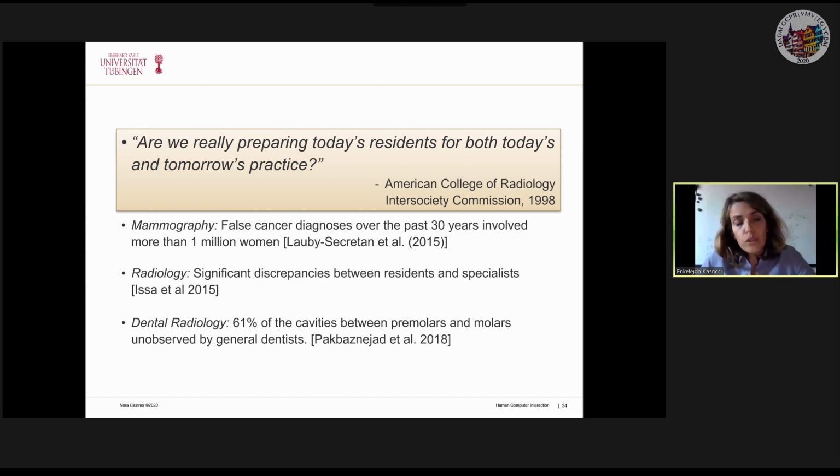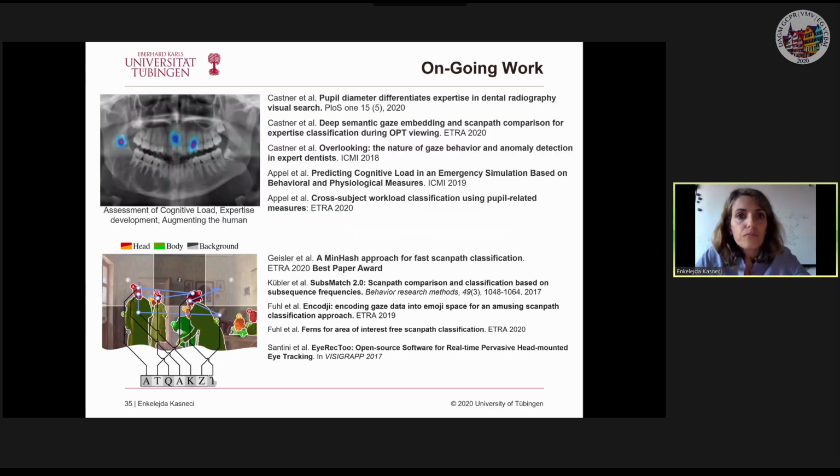Of course, we will continue our work in the dentistry area because we have a very good connection to the university clinics and can employ this in the teaching process. But as you can imagine, this is not only applicable to that specific domain, right?